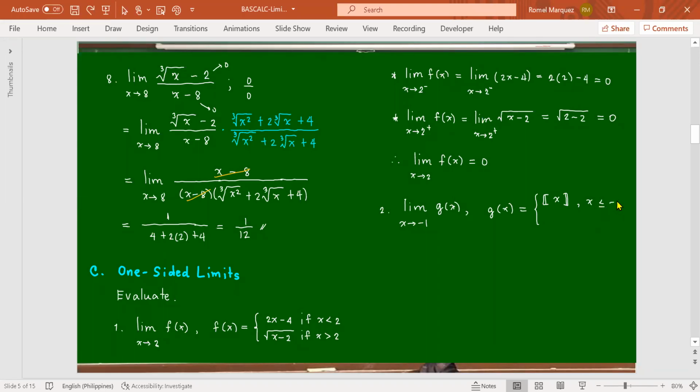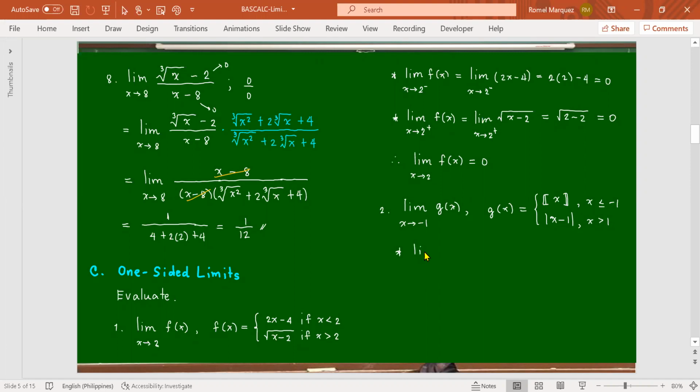And it is, let's say, absolute value of x minus 1, if x is greater than -1. Okay, so let's see.